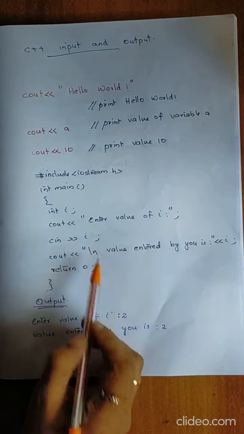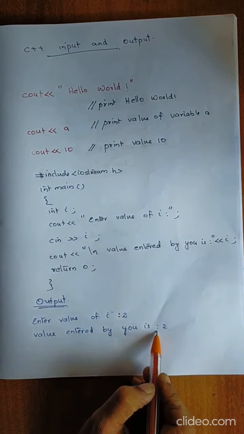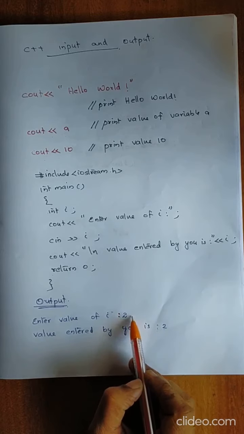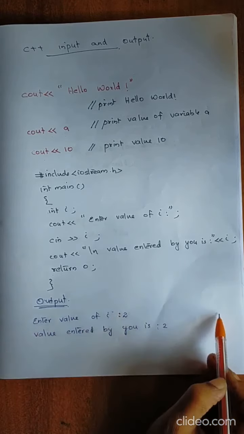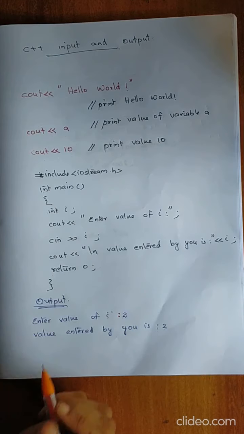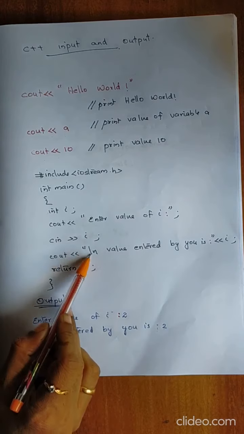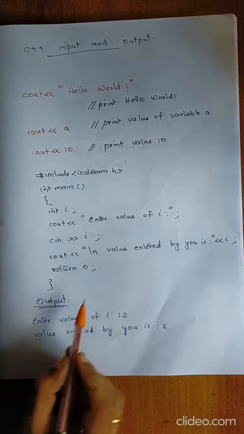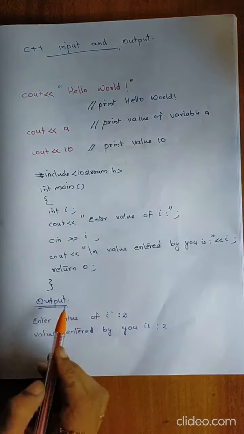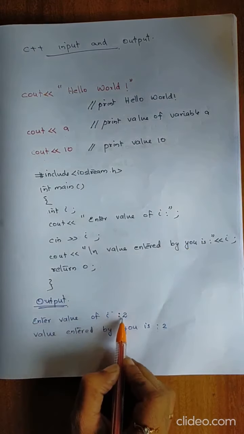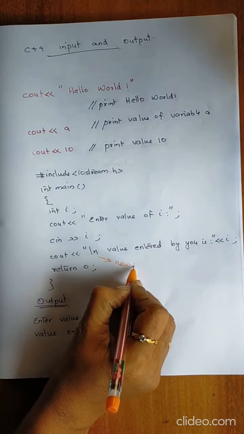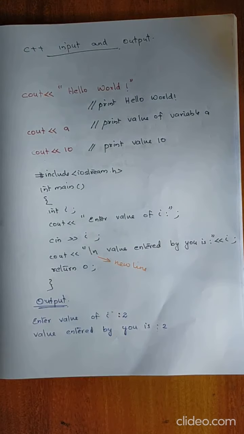If we do not use this, the value entered by you, 2, comes after this statement. To avoid this difficulty and to look good, we use new line, that is slash n. So the value entered by you comes after this line. It is a new line. Okay.